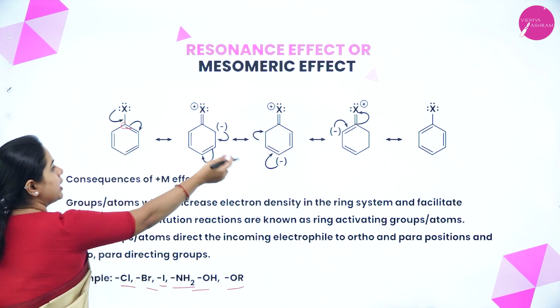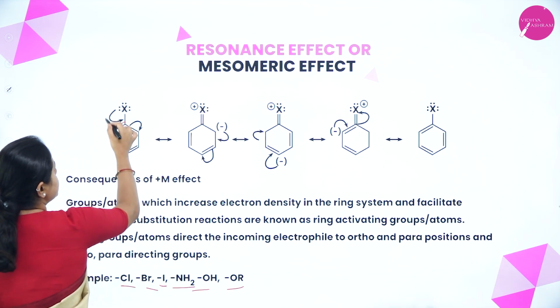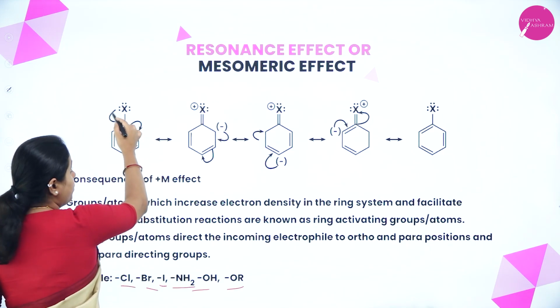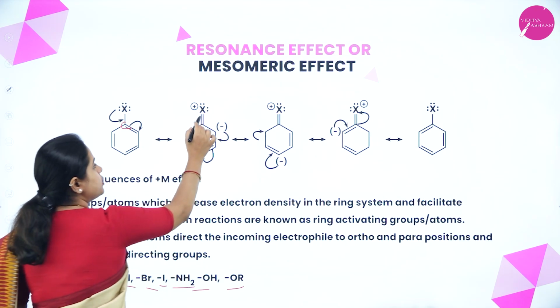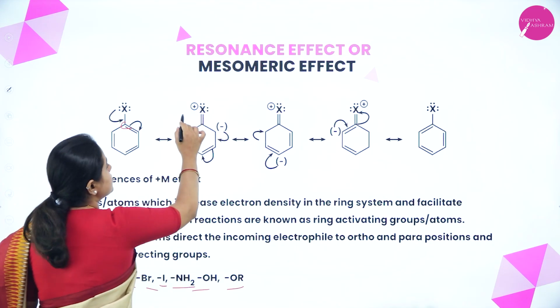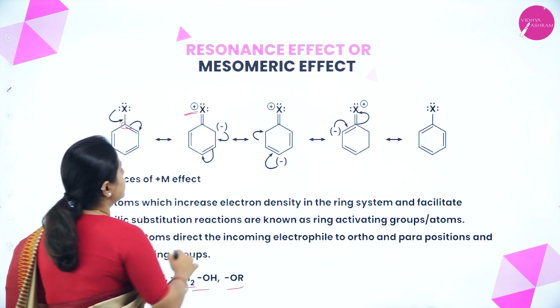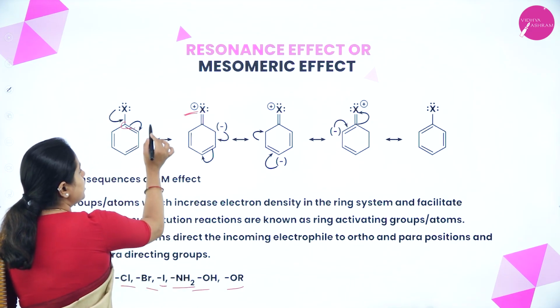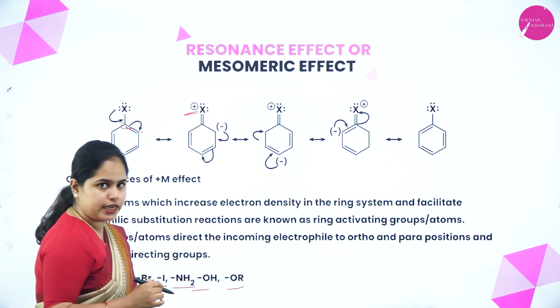So as you can see, again the resonance structures. First the lone pair of electrons will be shifted here, so this becomes a double bond. One pair of electrons is gone, which means this becomes positively charged. This particular double bond is shifted here, and it becomes a negative charge here.